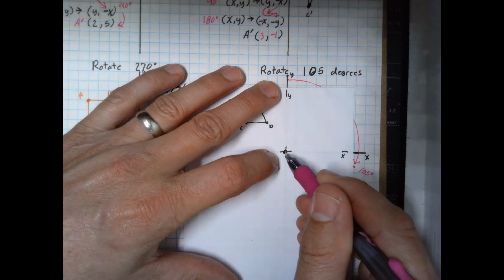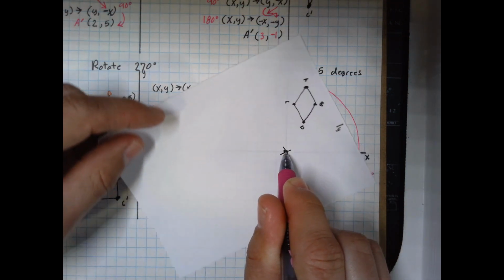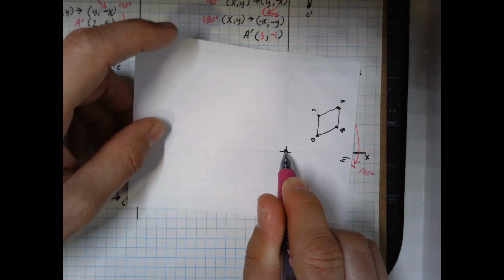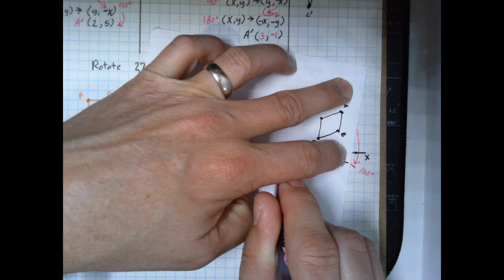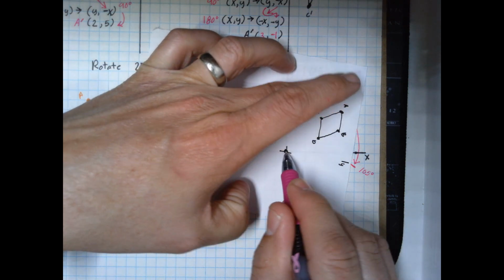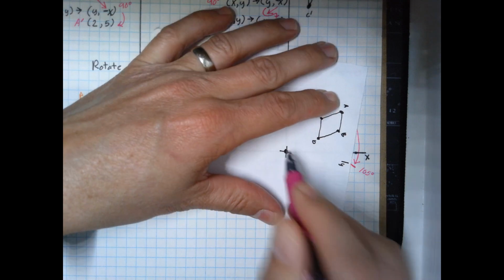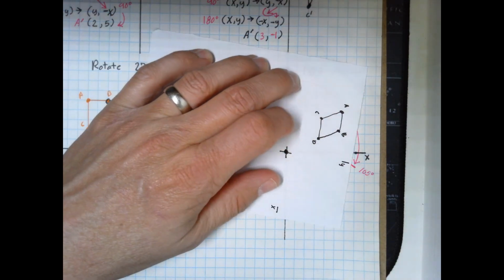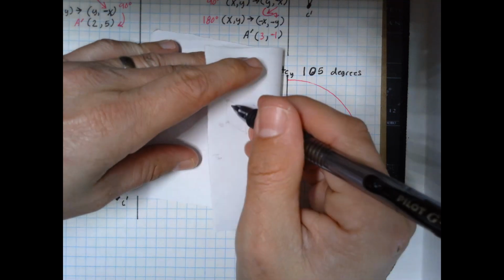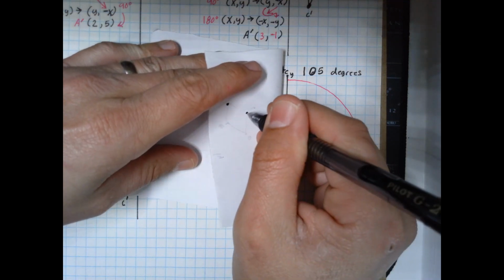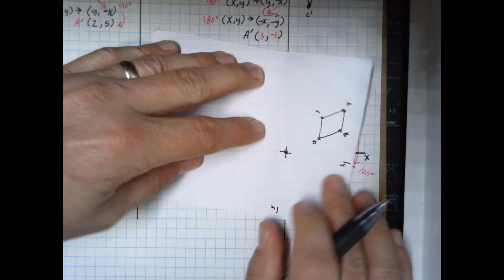Then I'm going to put my pin on it, and turn it until that y-axis lines up with that mark at 105 degrees. And then that would be where my shape is right there. Now these points are not going to be real clean points, but this gives you an idea of how you would be able to accomplish this. So I'm going to put a dot right there, a dot right there, a dot right there, a dot right there.